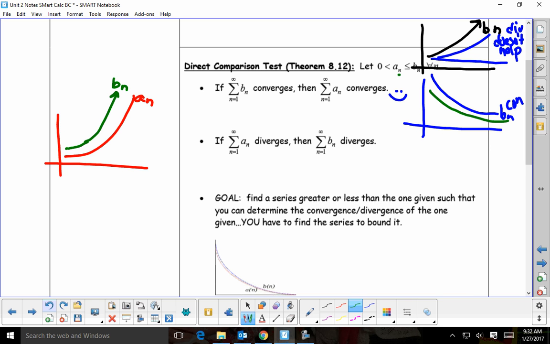So this is beneficial. This helps me. However, what if I just know, hey, a sub n converged. That was what was given. Do I know anything about b sub n? No, it could diverge, it could converge, we don't know. So this piece of information, again, doesn't help.